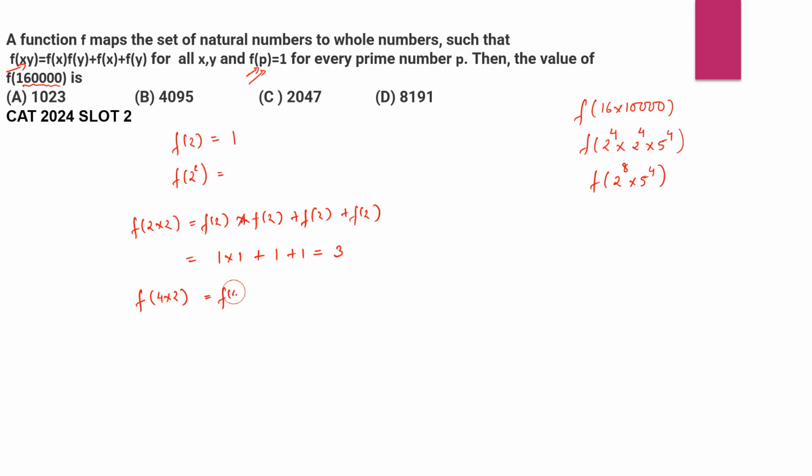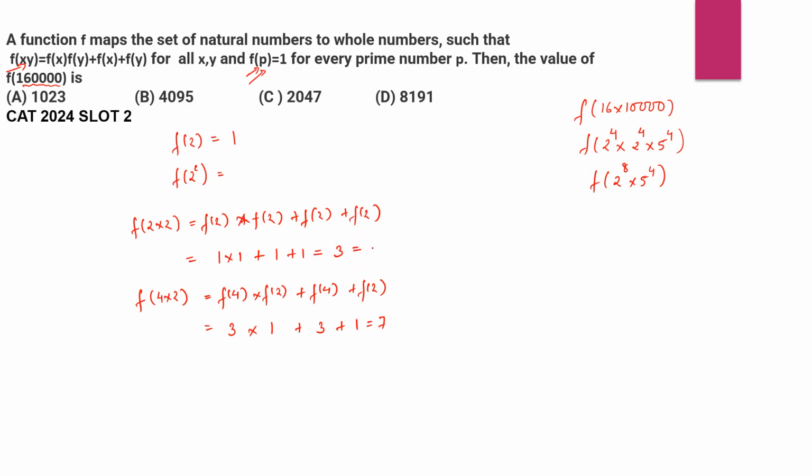So you get f of 4 into f of 2 plus f of 4 plus f of 2. This is 3 into 1 plus 3 plus 1. So you get 3 plus 3 plus 1, that is equal to 7.